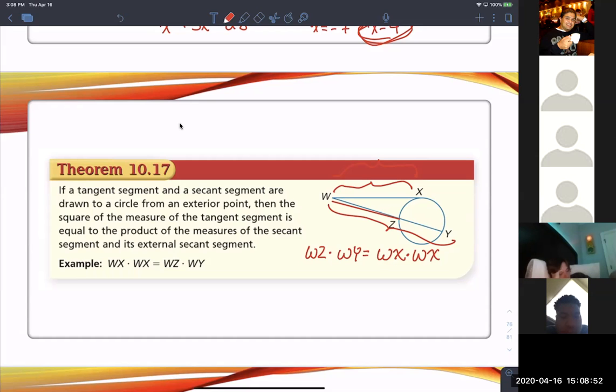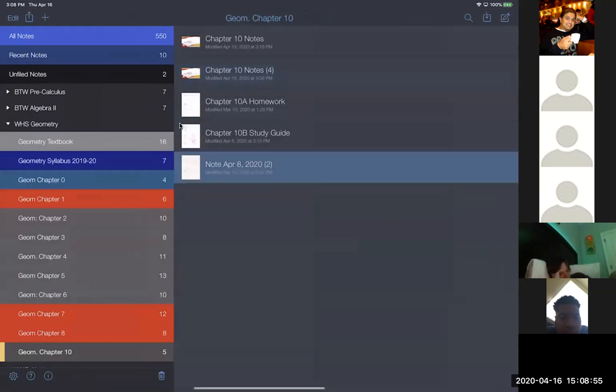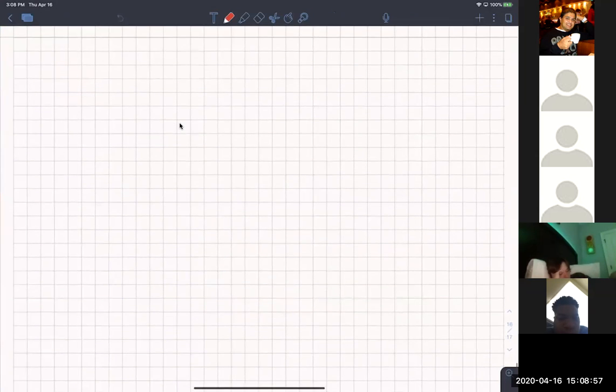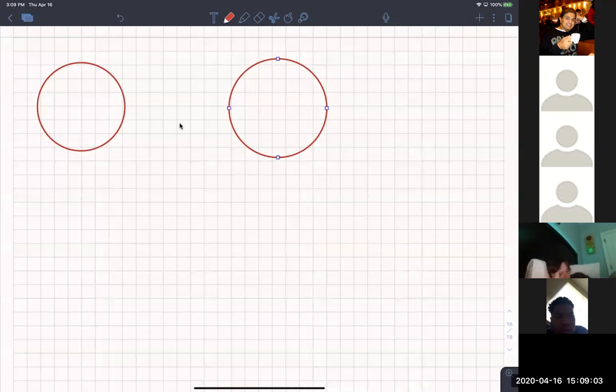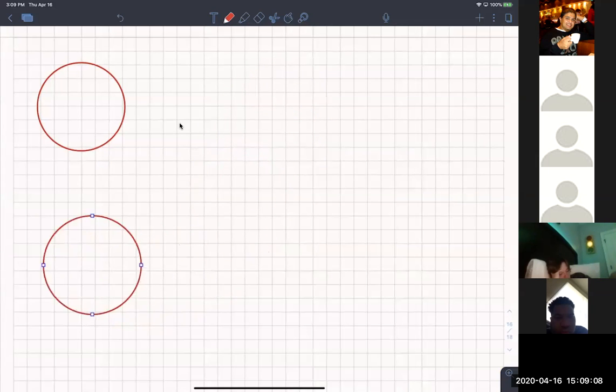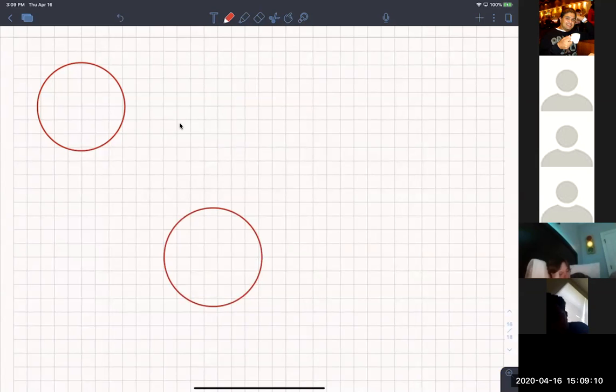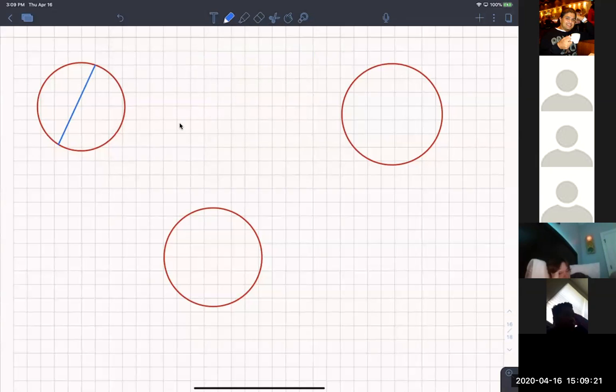So let's go over the three relationship types that we've talked about. Okay, so the first one is if we have inside the circle.